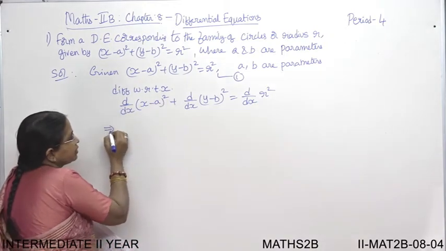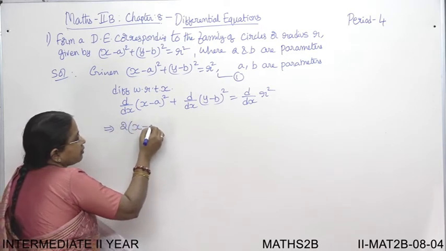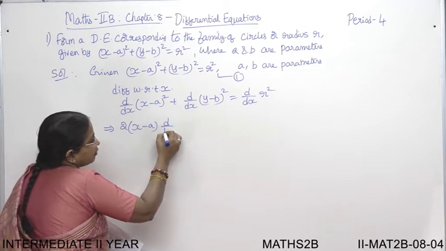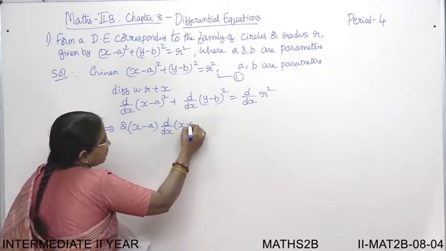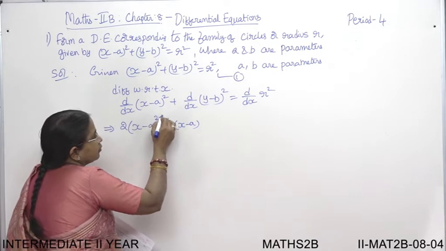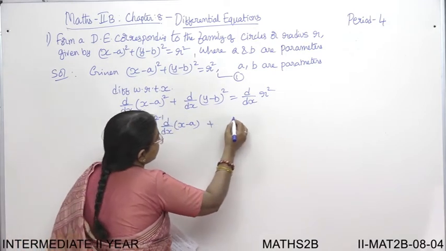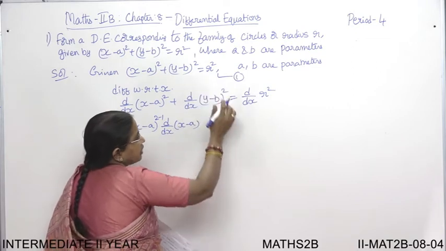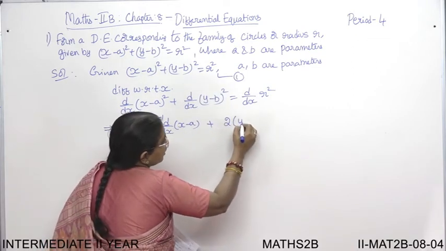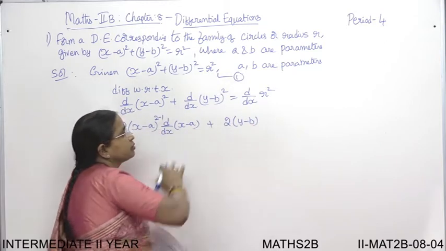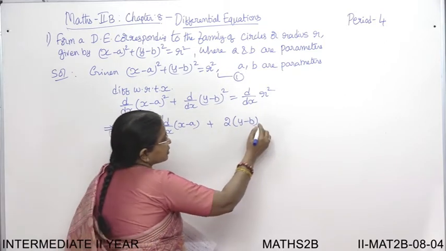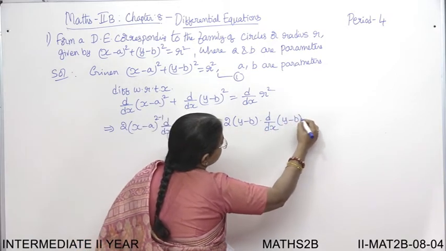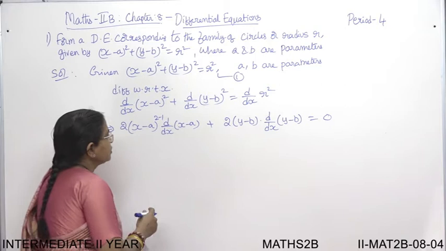So the derivative is n into x to the power n minus 1, 2 minus 1, that is 1, into the derivative of x minus a, plus the derivative of (y minus b) whole square. Here the variable is different. Anyhow, it is a square. So 2 into (y minus b) into the derivative of y minus b is equal to 0.